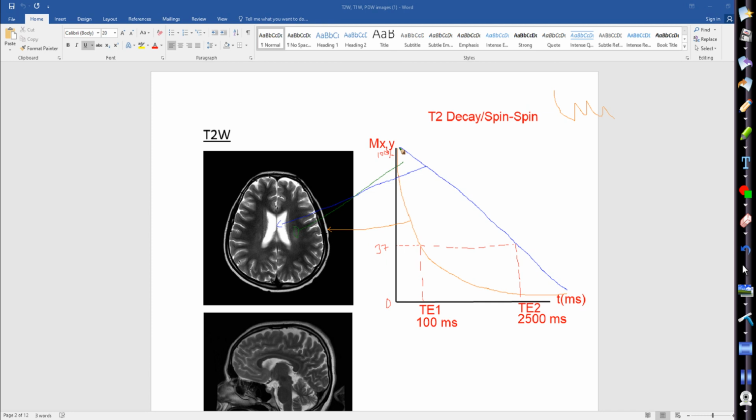So in terms of fat, it doesn't decay as rapidly, but once again, remember the 180 pulses. That's maybe something like that. But then our gray matter, which is closer to the edges out here, let's give it purple.